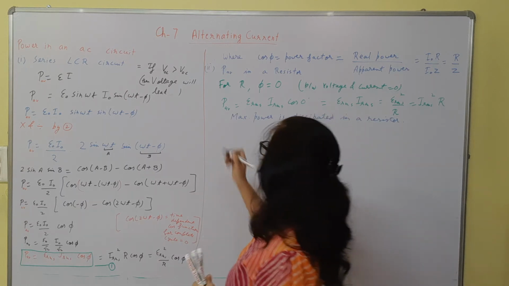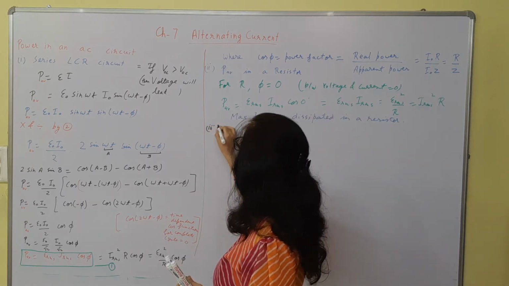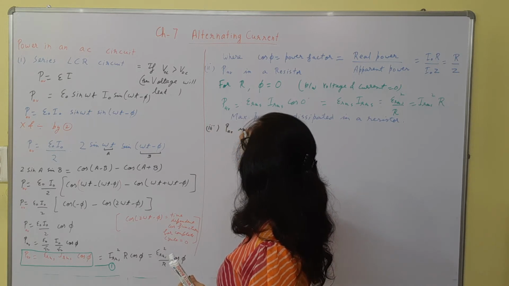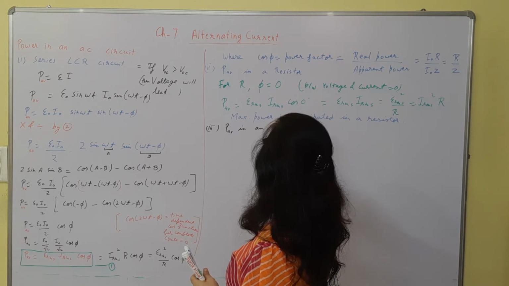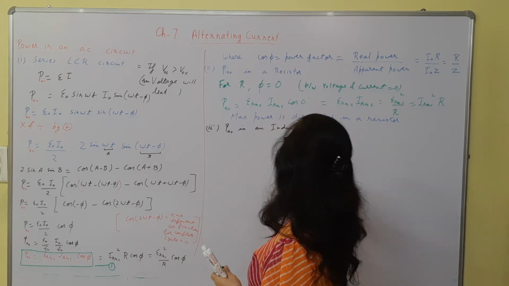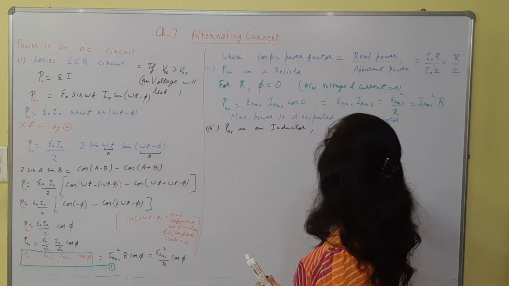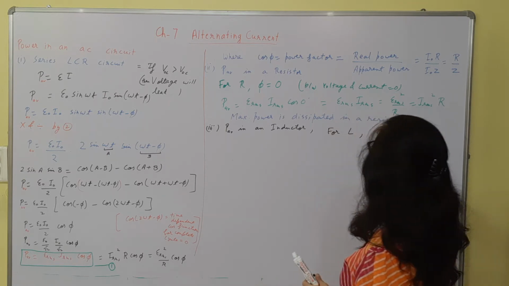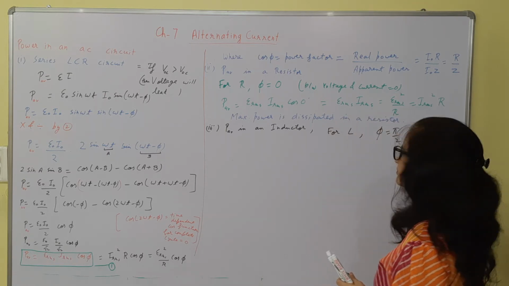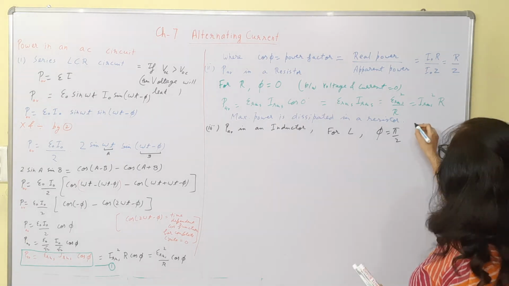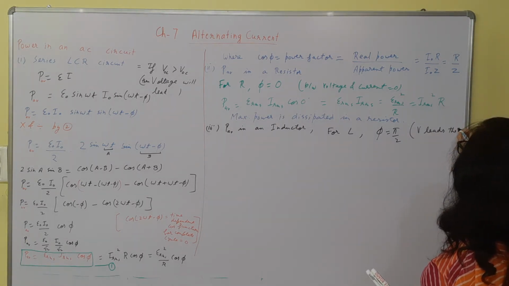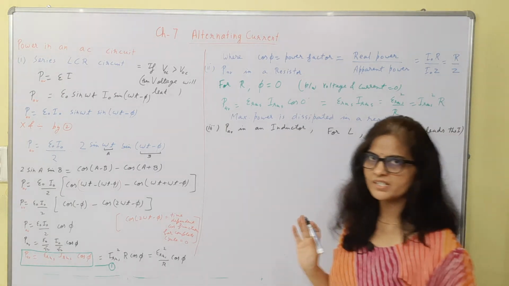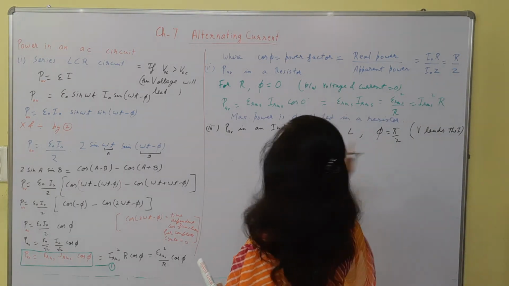Now comes your third case, power in an inductor. For an inductor, the phase difference is pi by 2, and we know that in an inductor the voltage leads the current.